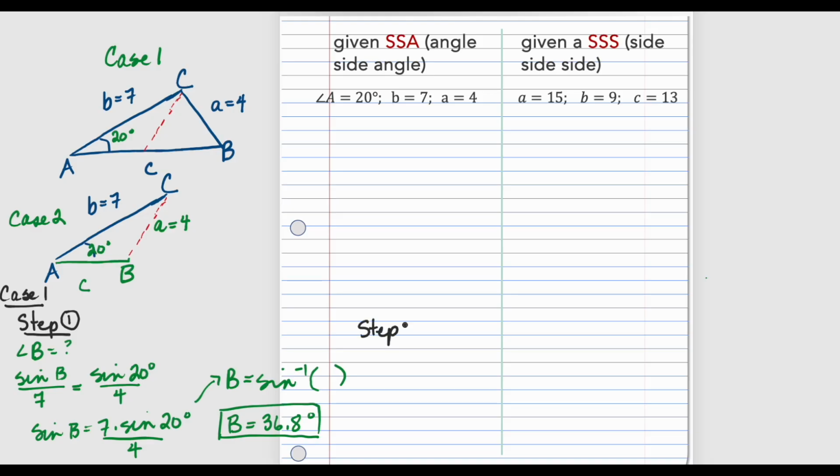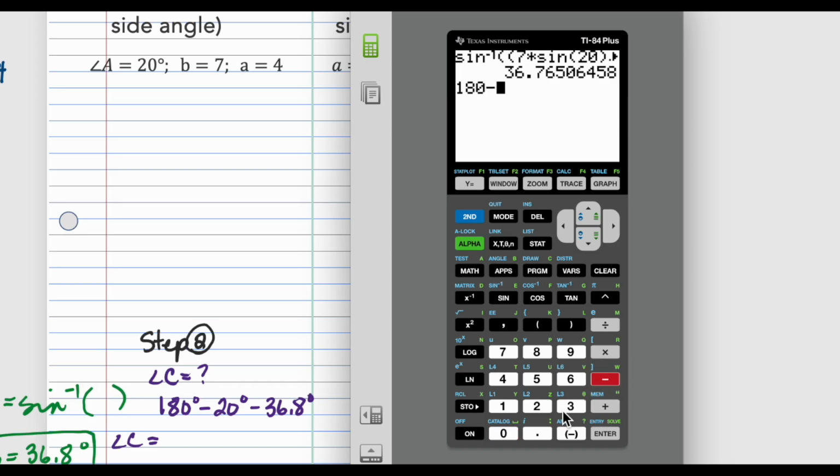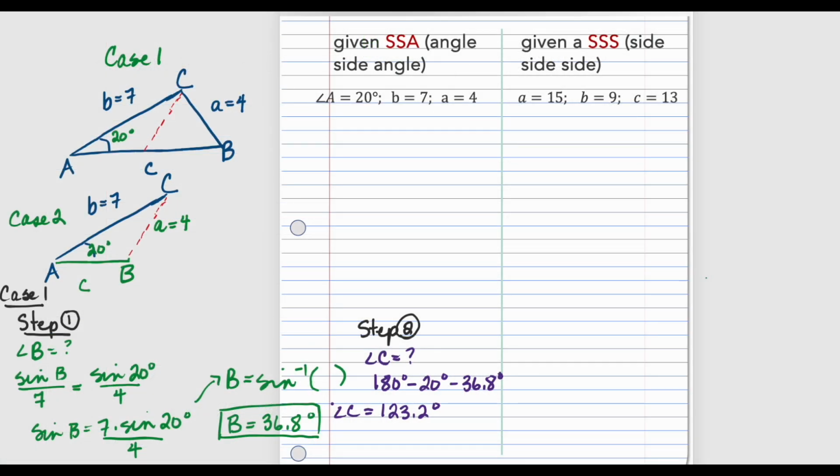Step 2, we'll find out angle C. 180 degrees, subtract 20, subtract 36.8 degrees. 180 subtract 20 subtract 36.8, 123.2 degrees. And that seems to be about right according to our picture.